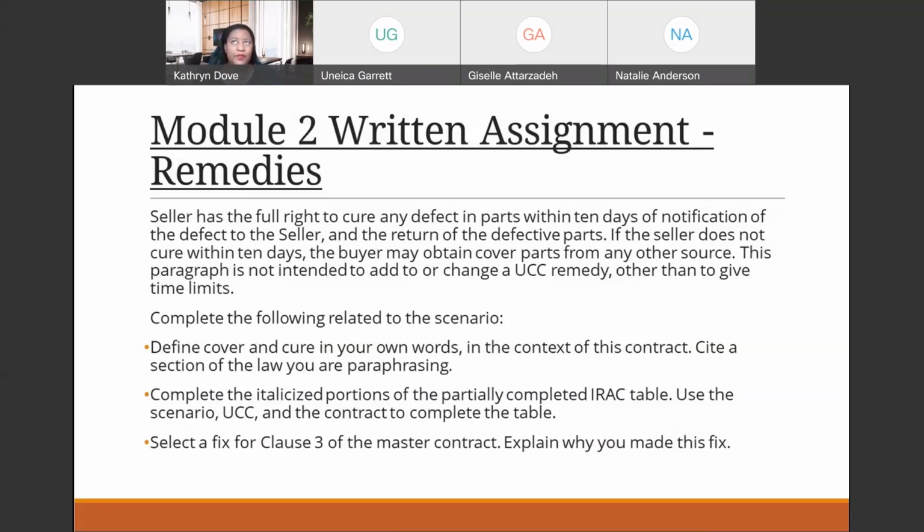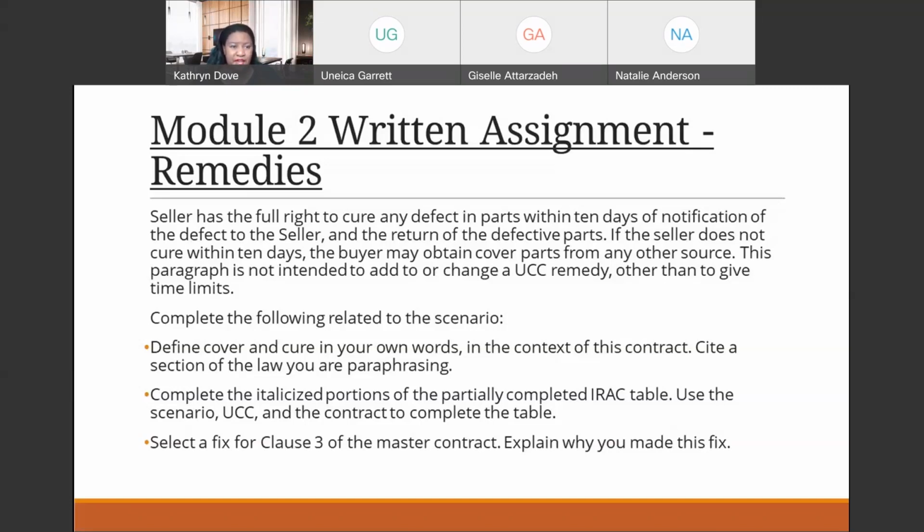So when parties agree to a contract for the sale of goods, they can add in any provision they want as long as it doesn't conflict with the UCC. But they can specify time limits for cure, time limits for delivery, time limits to tender, payments, things like that.